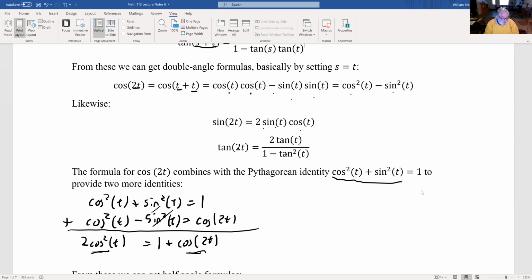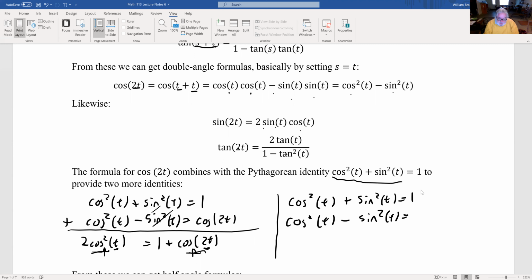Note a couple of different things here. One is that this has got a squared in it. This doesn't. This has got a 2t. This just has a t. And we can get another formula. We take the Pythagorean identity and the formula for cosine 2t, and now we subtract instead of adding.